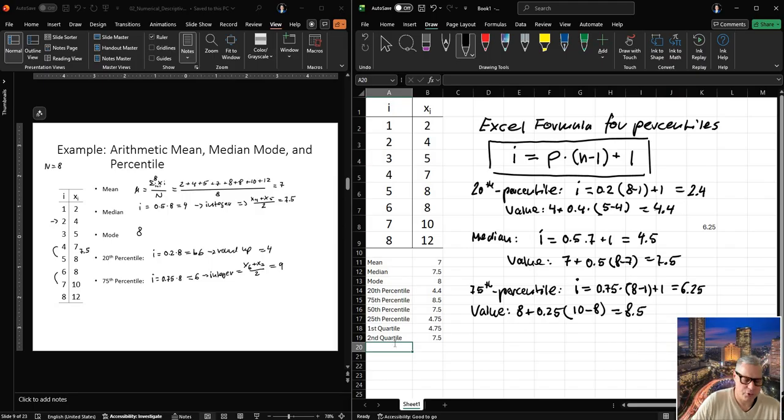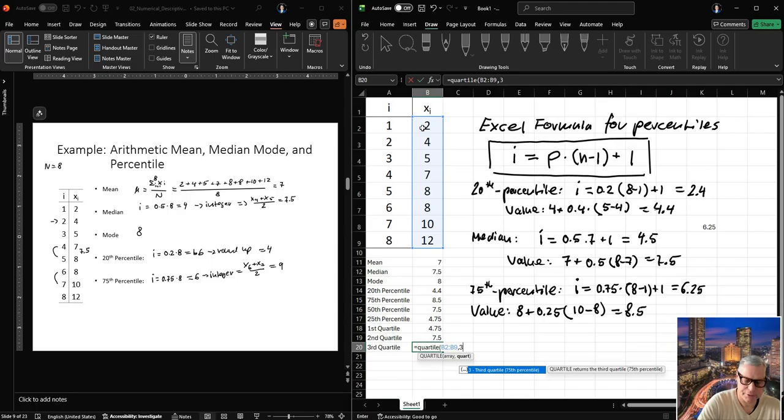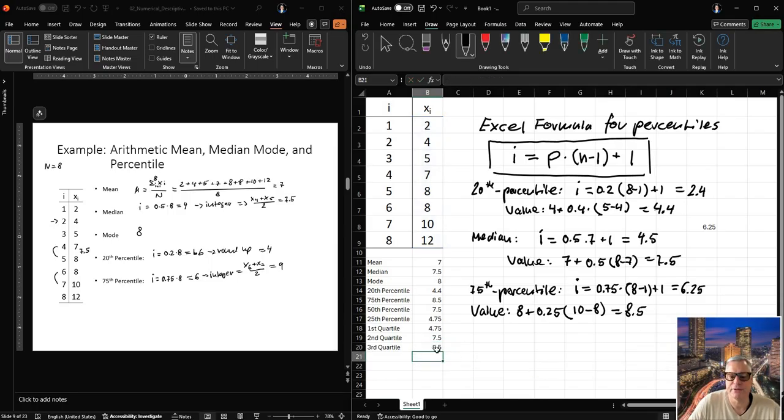Then the third quartile is the same as the 75th percentile. So the formula would be QUARTILE, the third, and that should be the same as the 75th percentile, 8.5, 8.5.